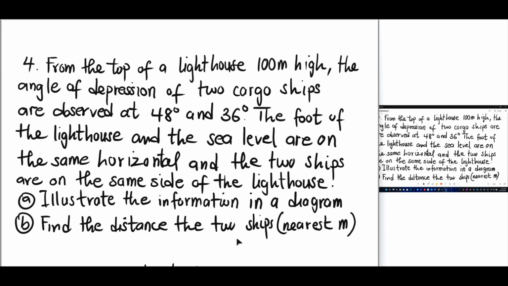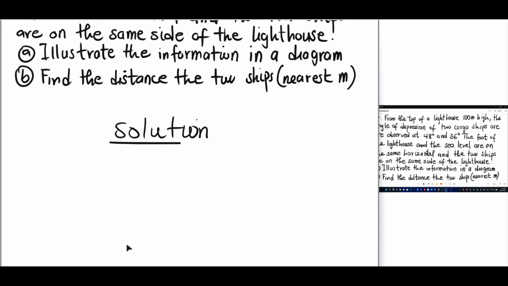Then we also have the foot of the lighthouse and the sea level on the same horizontal, and the two ships are on the same side of the lighthouse. So let us illustrate the given information in a diagram.